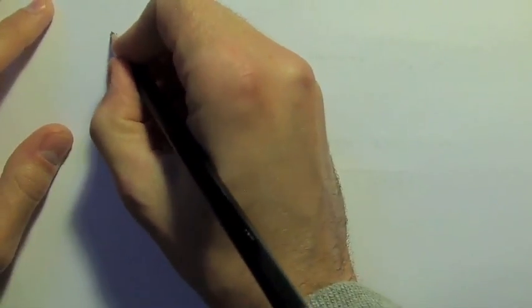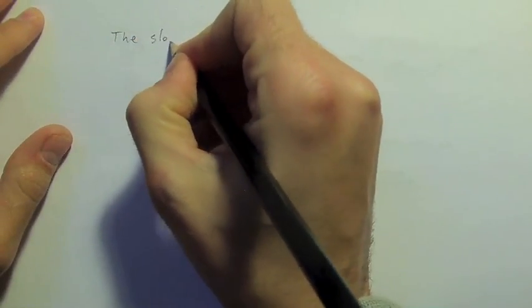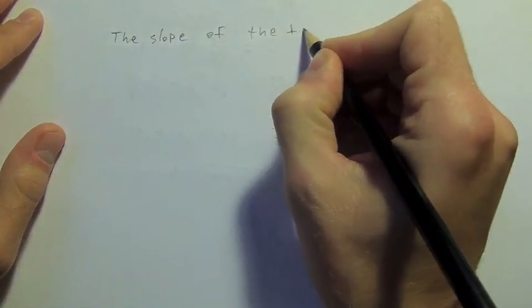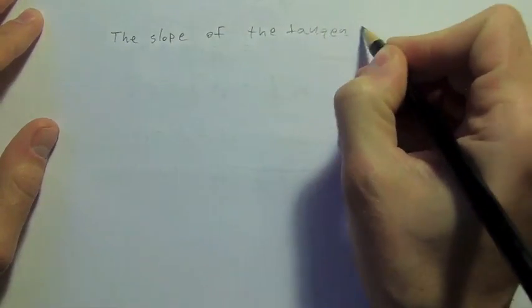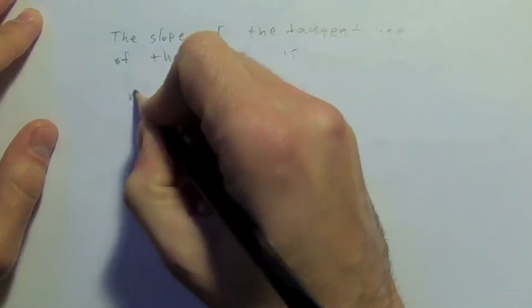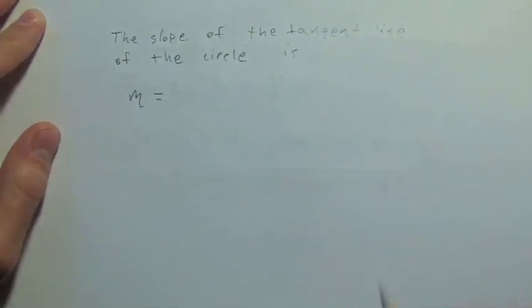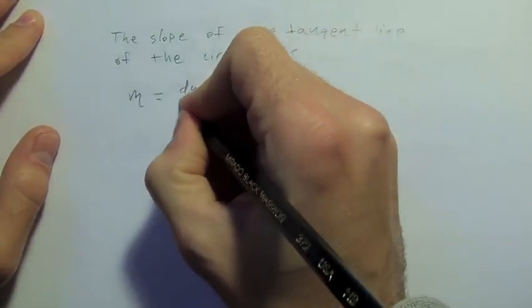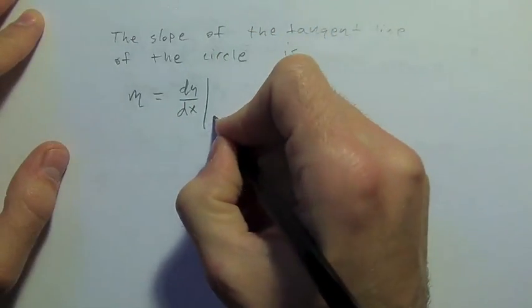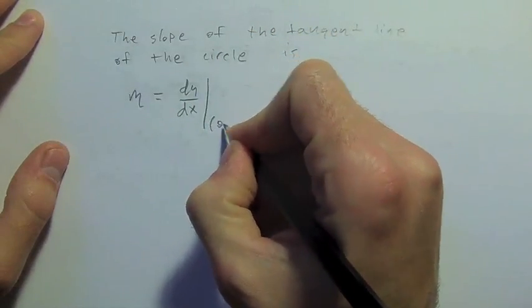So let's look at the slope of the tangent line at 0, 5. The slope of the tangent line of the circle is going to be the derivative, dy over dx, evaluated at the point 0, 5.